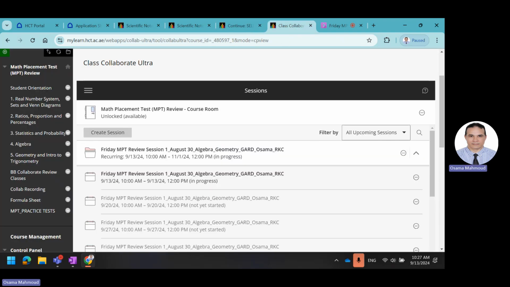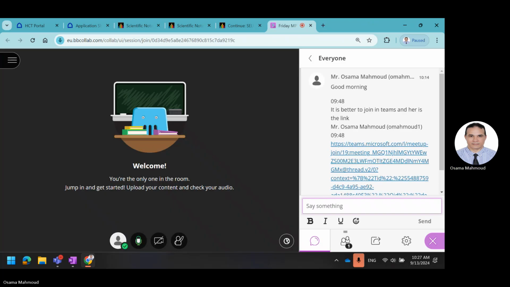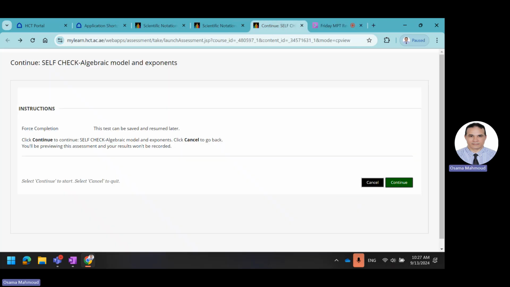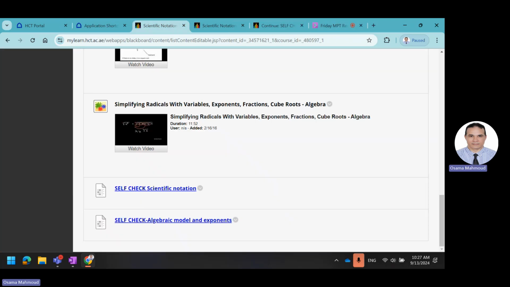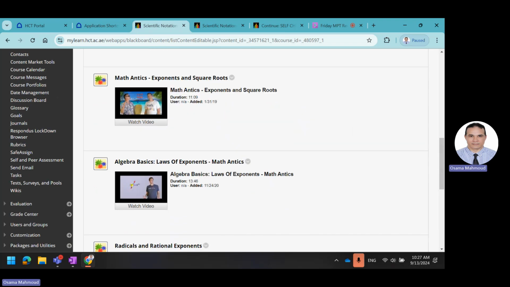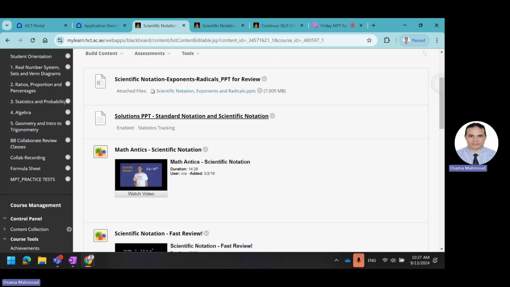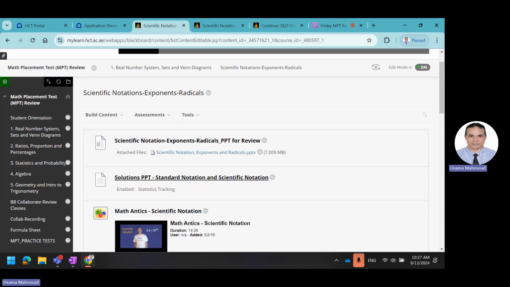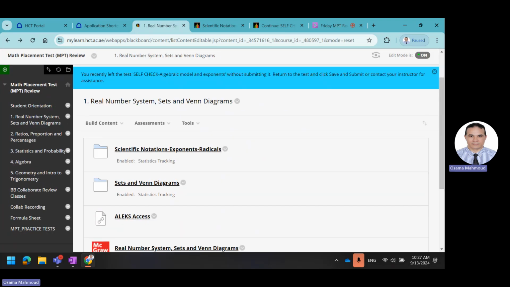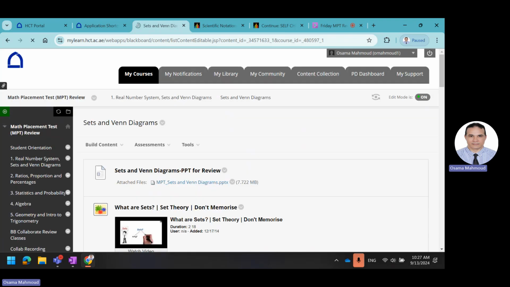So now I can go for the other part. So I finish this session in the first part, right? So I can go for the other section. I finish the scientific notation. I go for the set and Venn diagram, right?